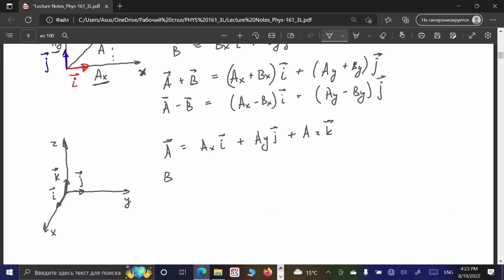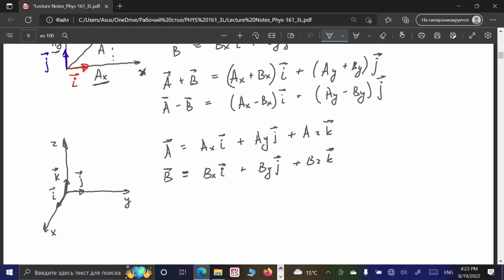Next, we provide information about vector B, which we also need for our dot product. It will be Bx times i unit vector plus By times j unit vector plus Bz times k unit vector.